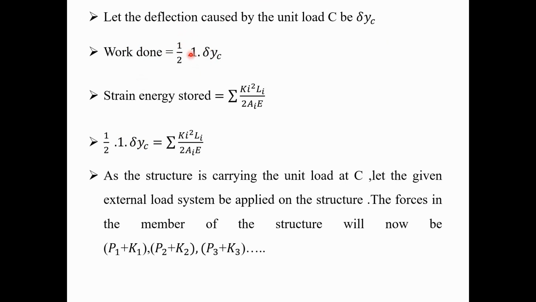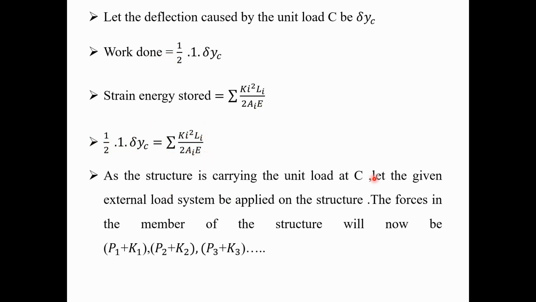So half into 1, the unit load, into displacement delta YC, and the strain energy stored is equal to the summation of Ki square into Li divided by 2 into Ai into E. We know that work done is stored in the members in the form of strain energy. So half into 1 into delta YC is equal to the strain energy stored, that is the summation of Ki square Li divided by 2 Ai E.